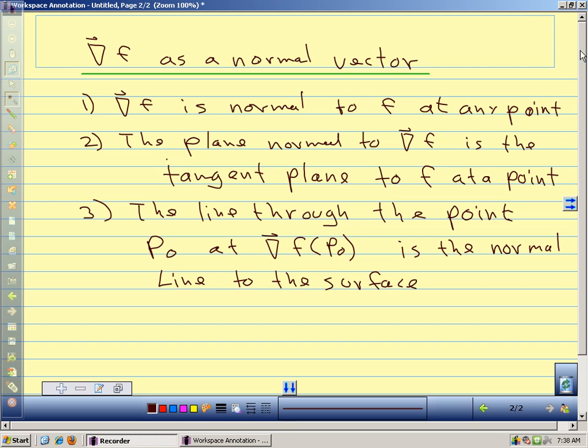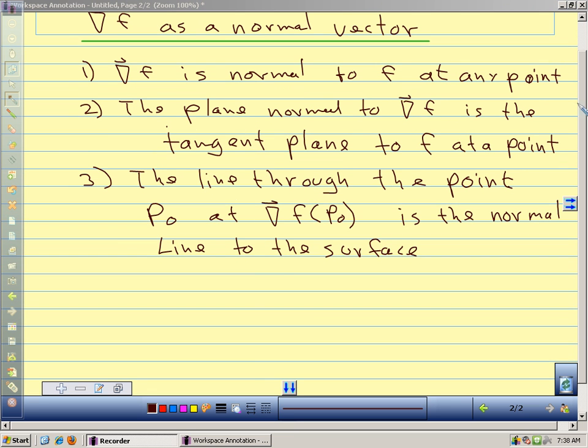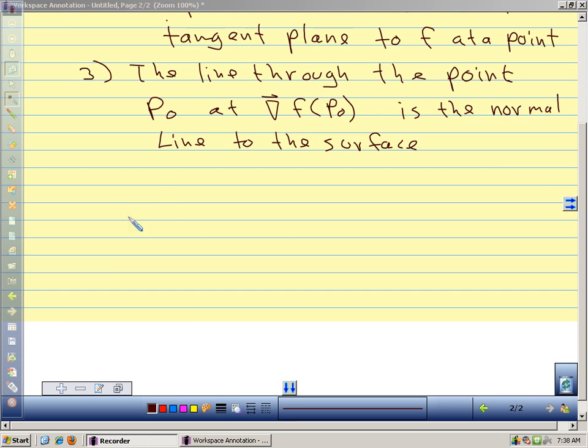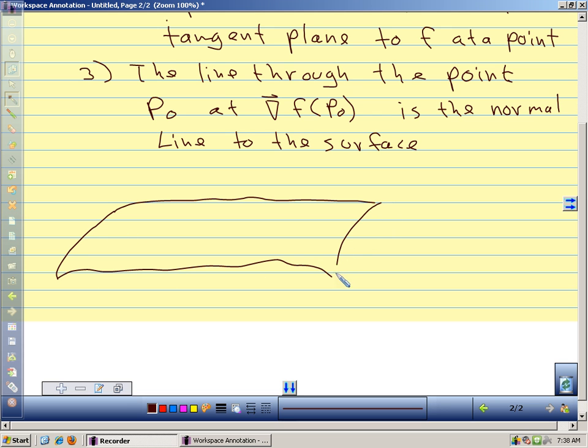So let's draw a picture just to get a geometric idea of what we're talking about. Here's our surface. Here's our curve on our surface. This is r of t. This tangent vector is going to be r prime of t.